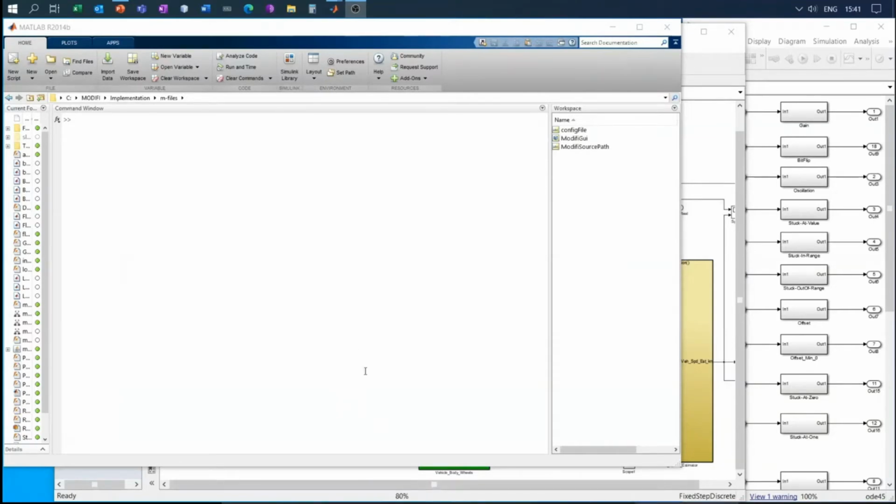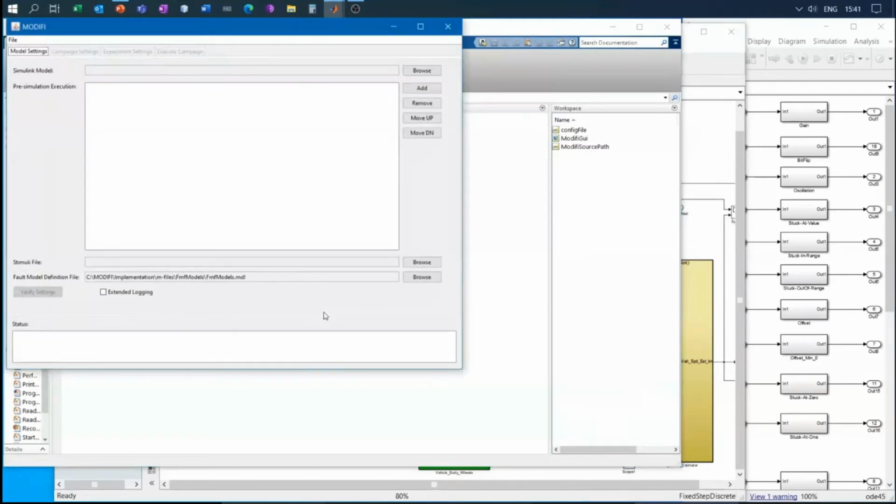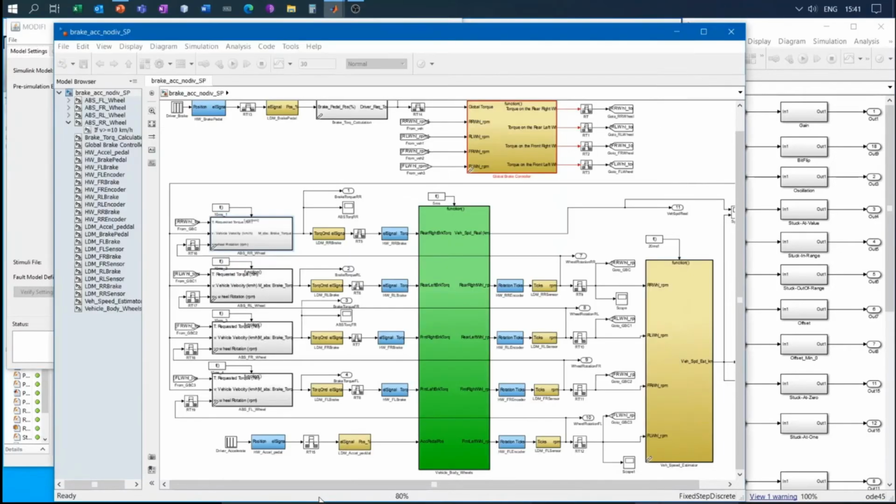We may launch the MODIFI graphical user interface directly from MATLAB by entering start MODIFI. This graphical user interface allows us to configure the experiments. We may select which model we will perform experiments on and how the experiment should be conducted. And here is an example brake-by-wire application that we have used in many previous research projects.